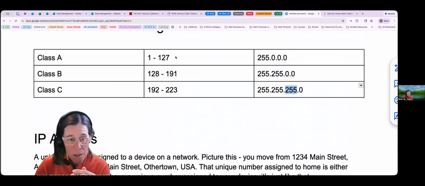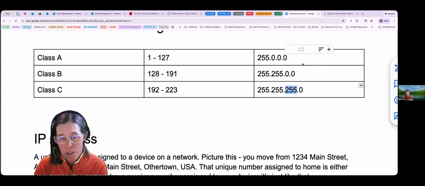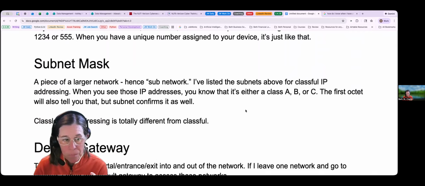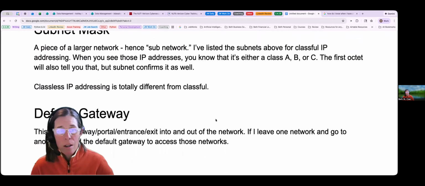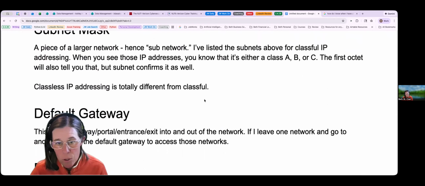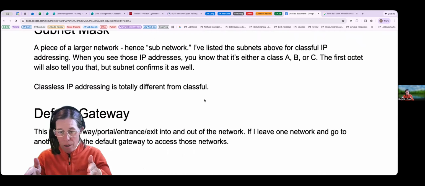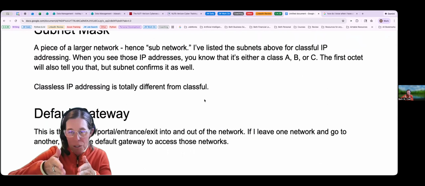We know if it's a class A, B, or C, but then the subnet also tells us if it's an A, B, or C. So classless IP addressing, which we'll go over in a different video, is totally different from classful. It takes a subnetwork and makes it even more subby.